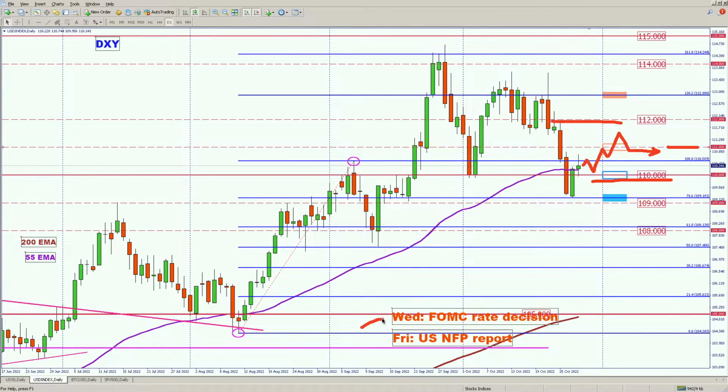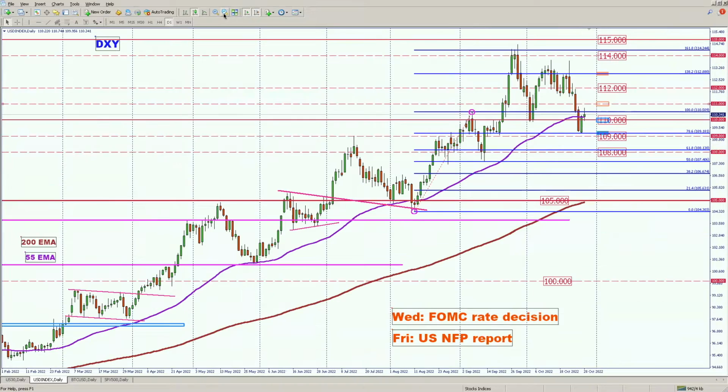And of course, critical news from the US this week with the Federal Reserve and the non-farm payroll report. And it looks like for now it could also be forming a bearish channel here.